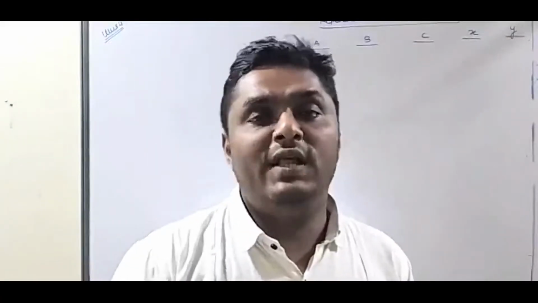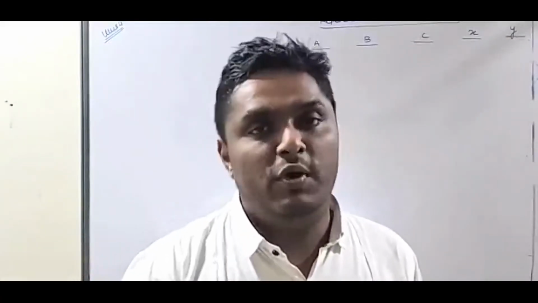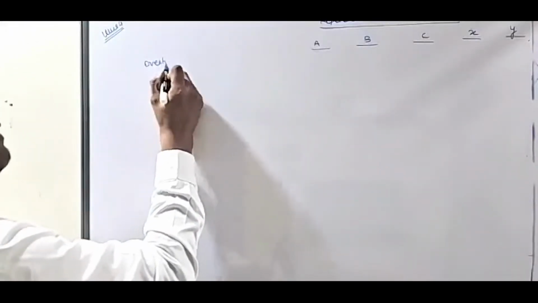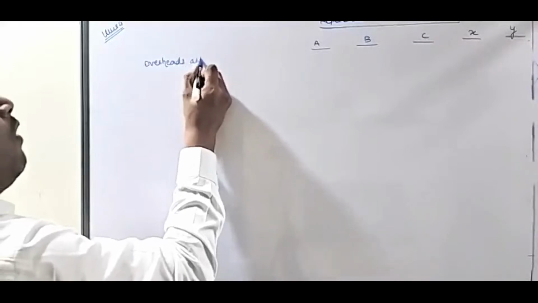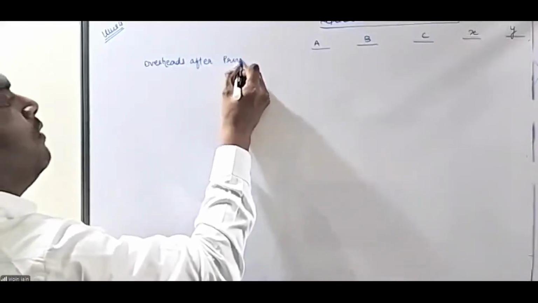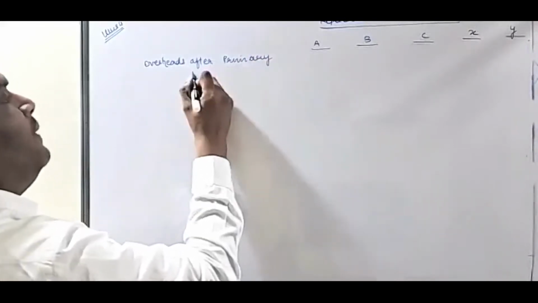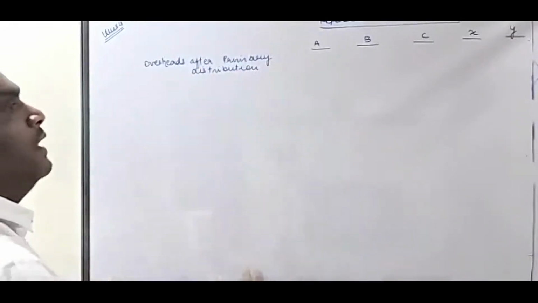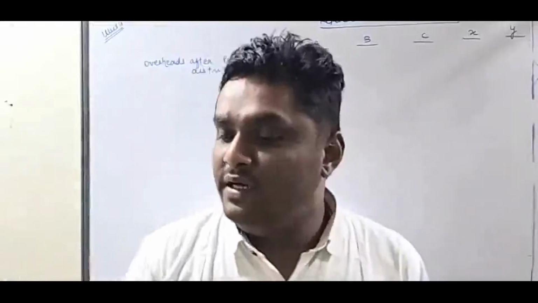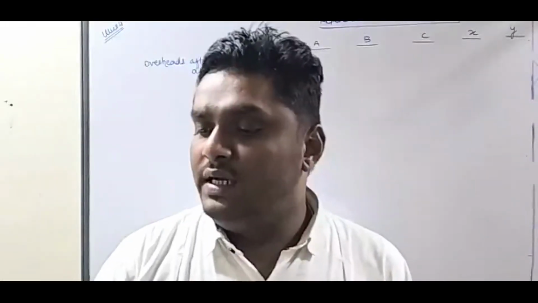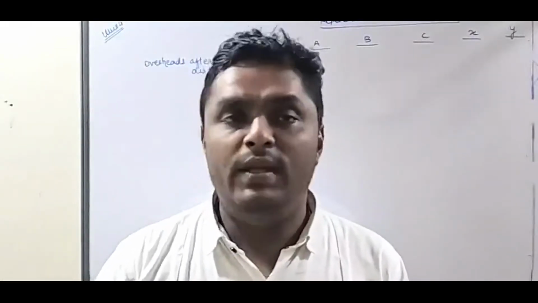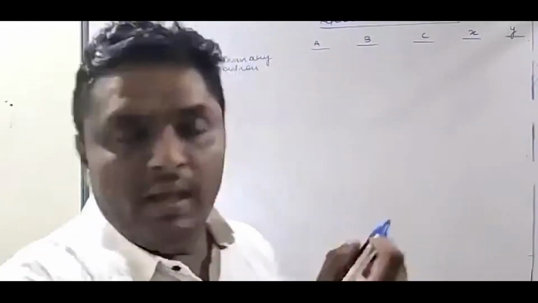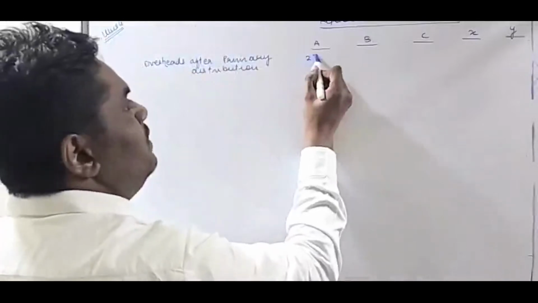We are already done with the primary distribution, that is allocation and apportionment of overhead, and we have got the final overheads after primary distribution. For A it comes to 2,70,000.